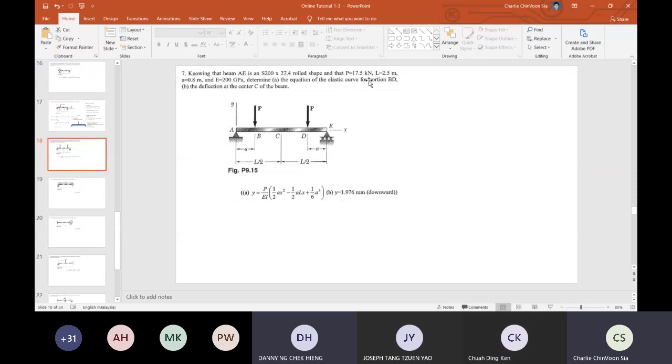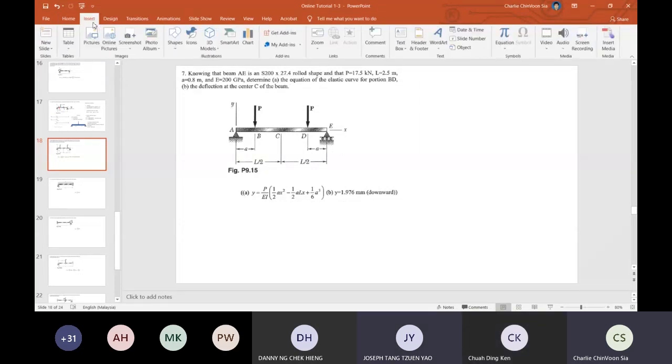For this question, if you read the question properly, it asks you to derive the equation of the elastic curve for a portion. Which portion? BD. So the question asks you to determine the equation of the elastic curve for BD.